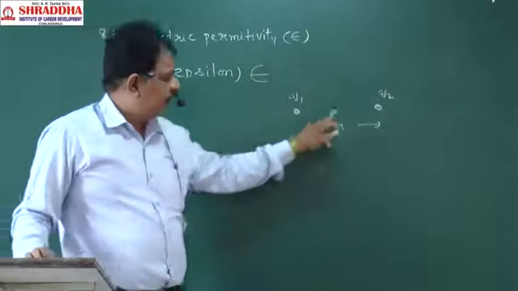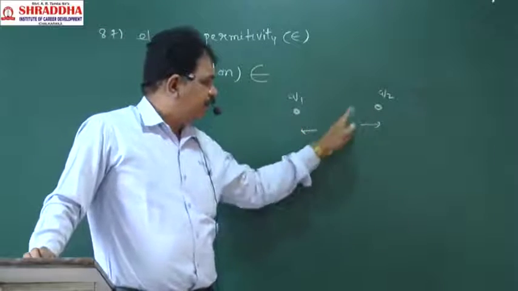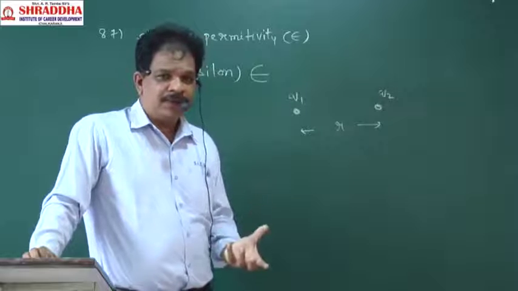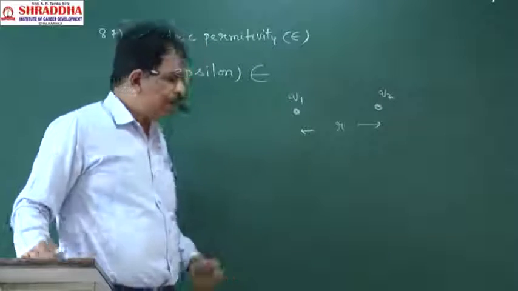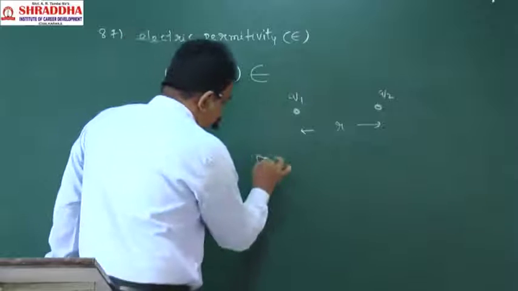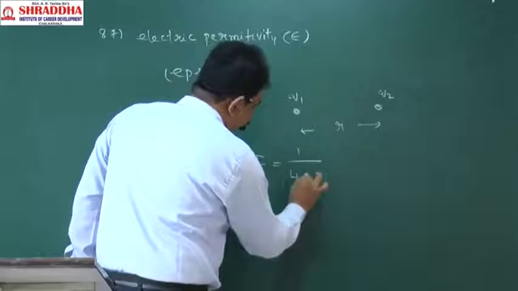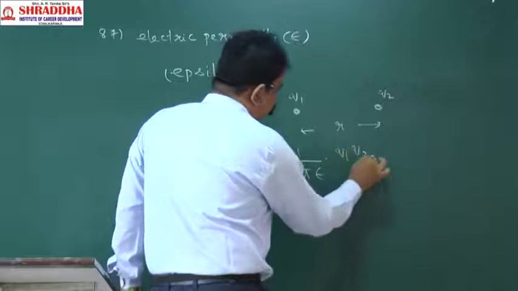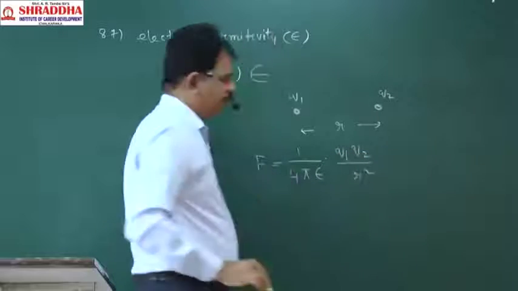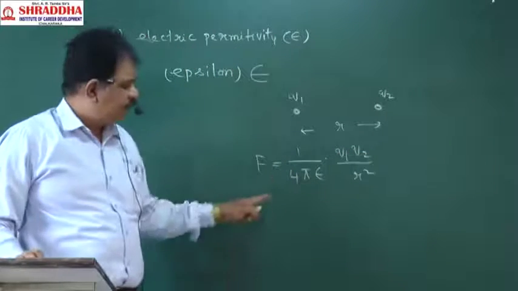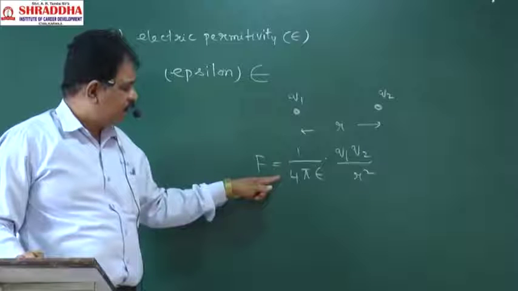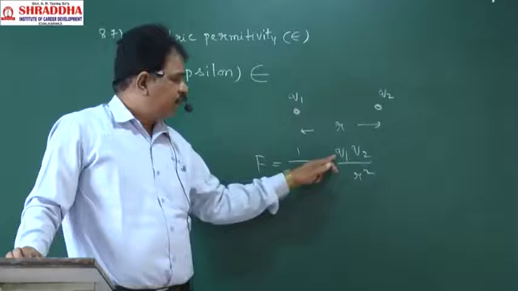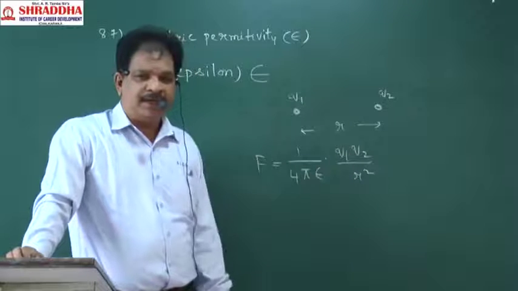With how much force they will attract or repel, the formula will be F is equal to 1 by 4 pi epsilon Q1 Q2 by R square. The force between them can be calculated using this formula.